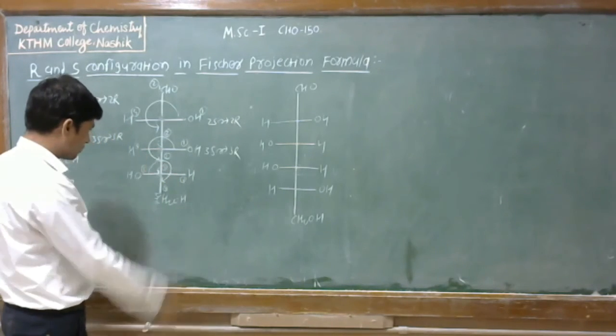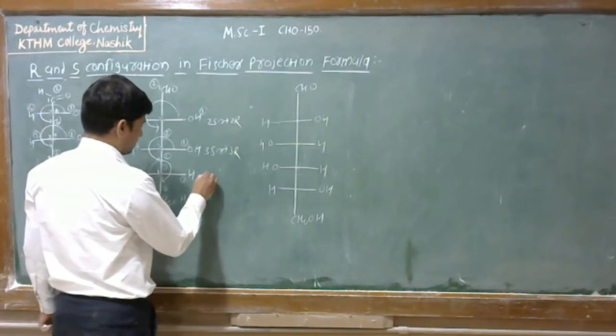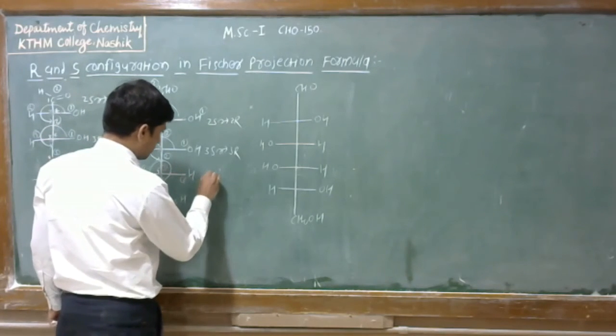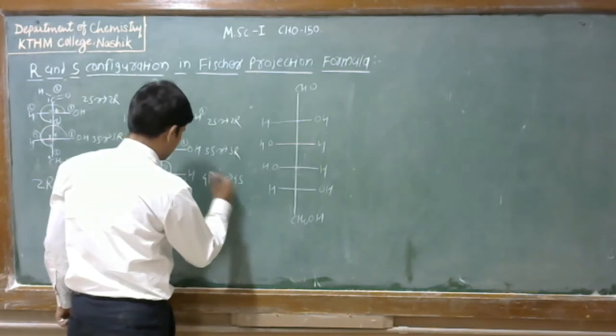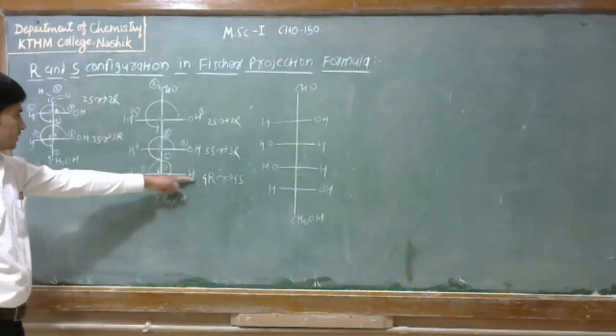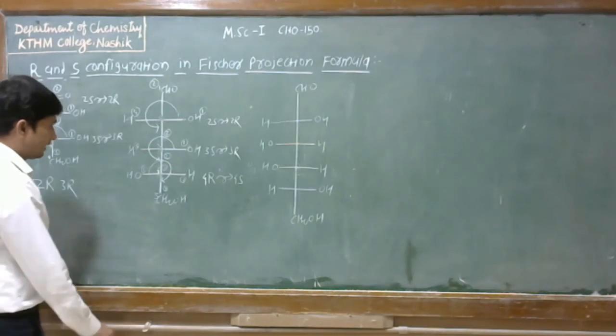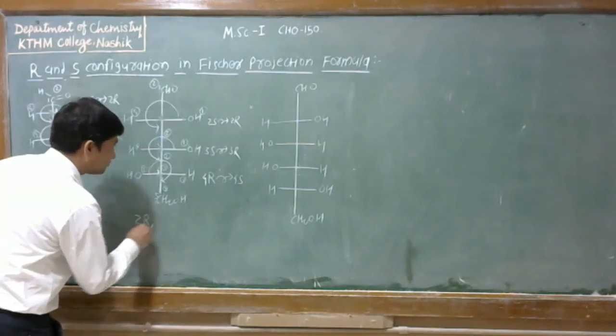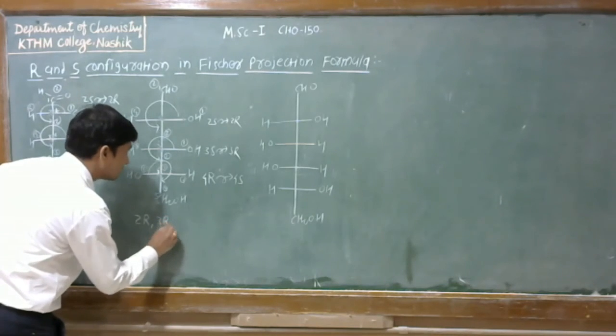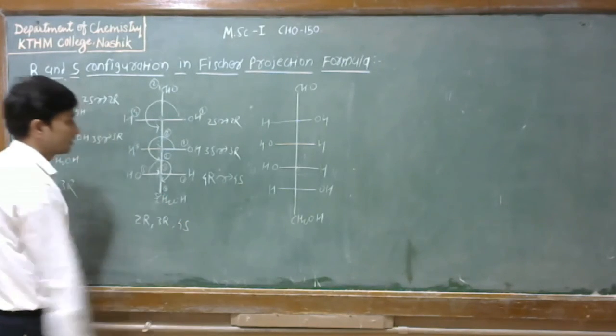This is clockwise rotation, and therefore we can write here this is 4R, but this 4R changes to 4S because hydrogen is on the horizontal line. Hence the configuration of this compound is 2R, 3R and 4S.